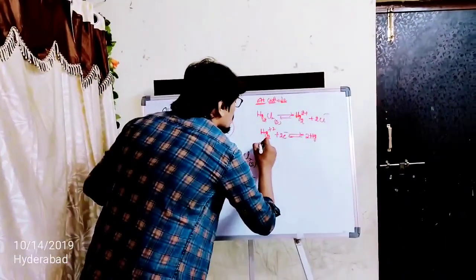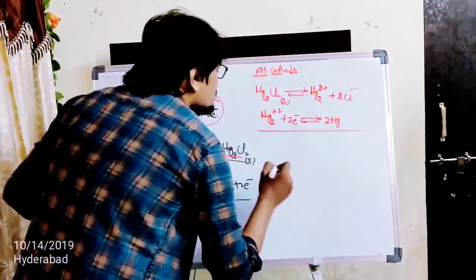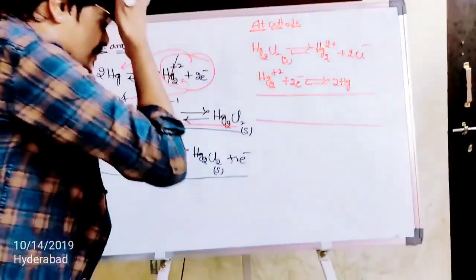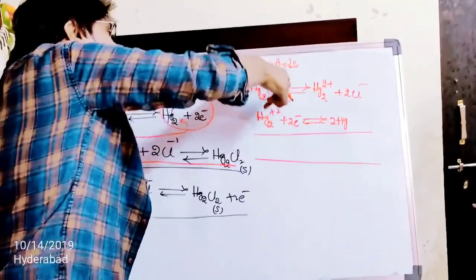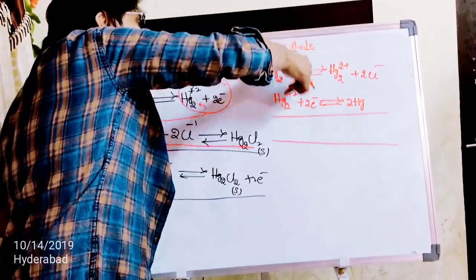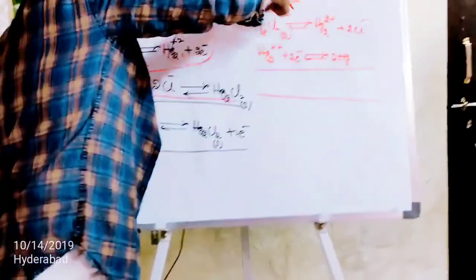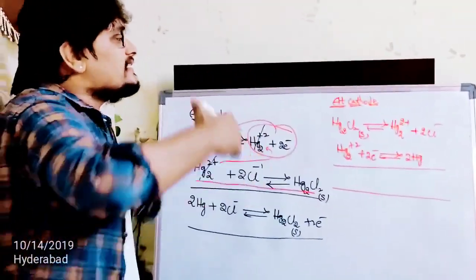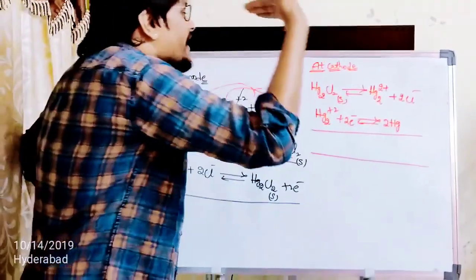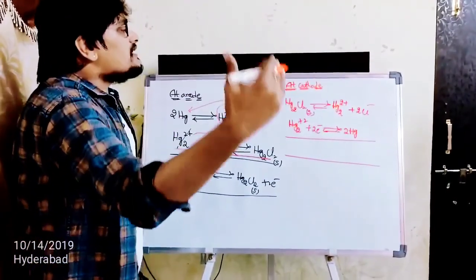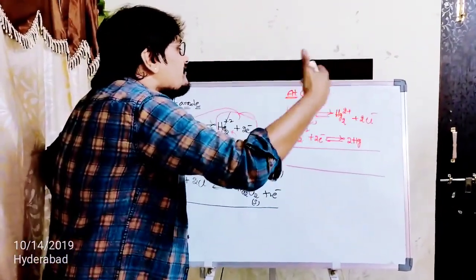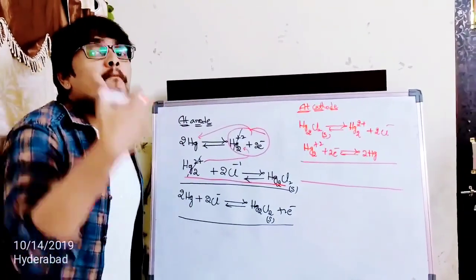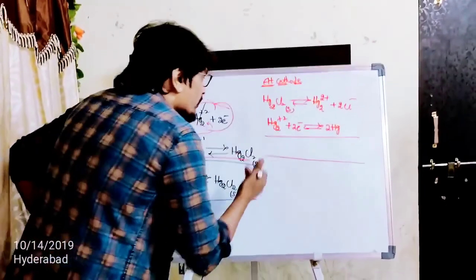So in order to write the overall redox reaction, that is, the reduction reaction occurring in this saturated calomel electrode, we have to combine the two individual reactions occurring at the cathode. After combining, we cancel the equivalent ions and electrons if present on opposite sides, or combine them if they are on the same side, right?